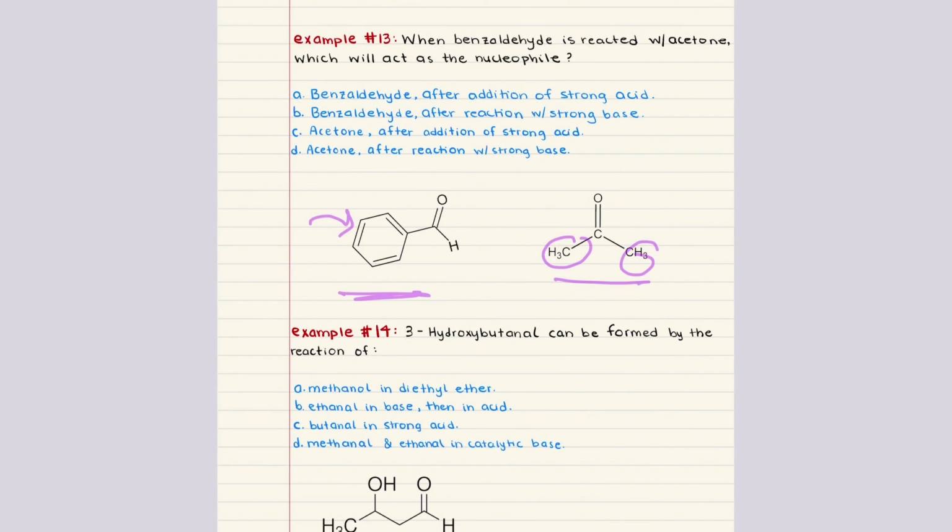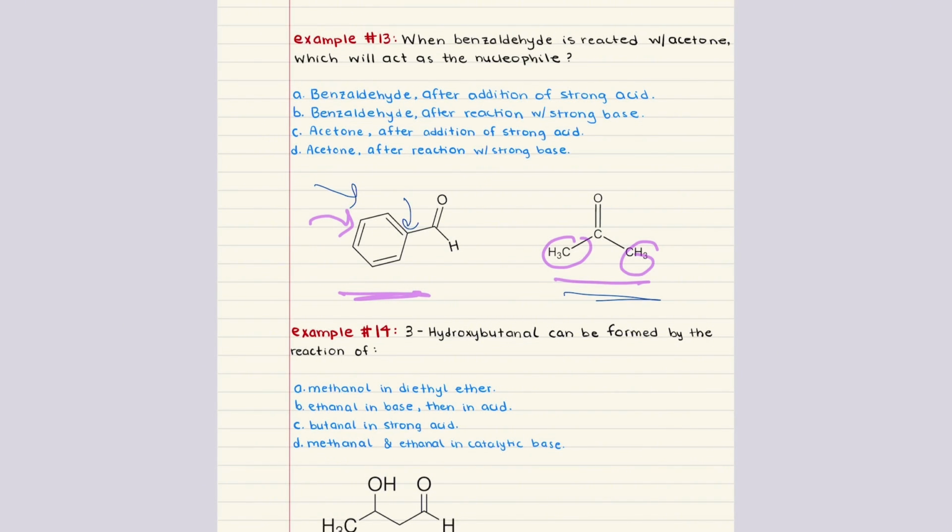These are hydrogens on the carbon adjacent to the carbonyl. These alpha hydrogens can be deprotonated by a strong base, and that forms an enolate ion which acts as a nucleophile. If we look at benzaldehyde, it lacks an alpha hydrogen because the carbon next to the carbonyl is part of an aromatic ring. There are no available hydrogens to remove.